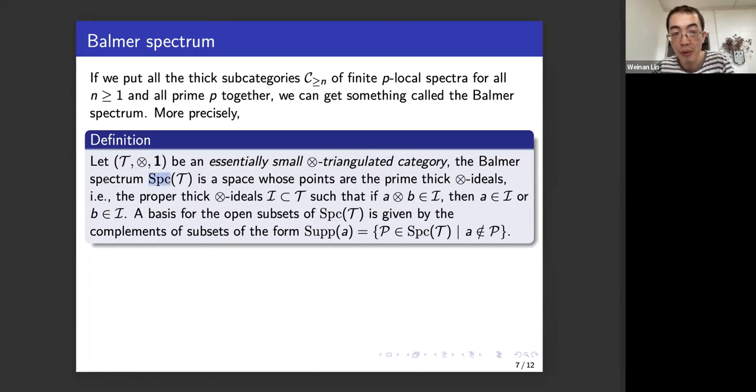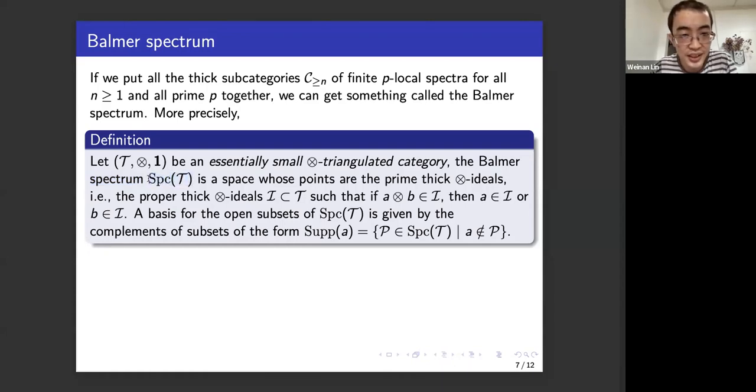To avoid confusion, I should warn you that the spectrum here is different from the word spectrum in the stable homotopy category. We keep talking about spectra, but here this spectrum means something different. It's the spectrum in algebraic geometry, the spectrum of prime ideals. So here, the Balmer spectrum.